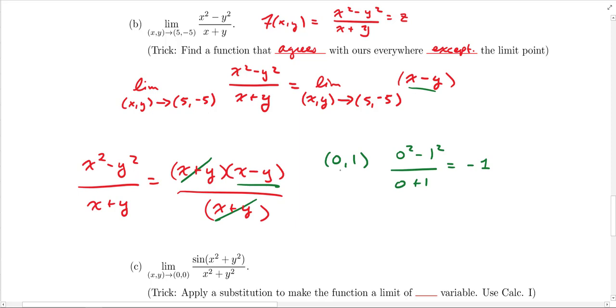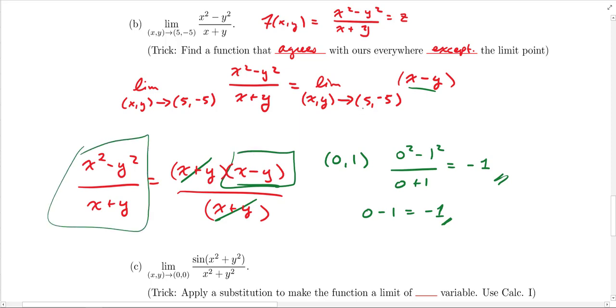And if I were to plug 0, 1 into this function, that would give me 0 minus 1, which also gives me -1. That's what I mean by this piece right here agrees with this function everywhere except around the limit value, except for possibly at that limit value.